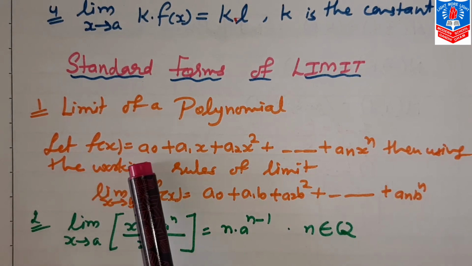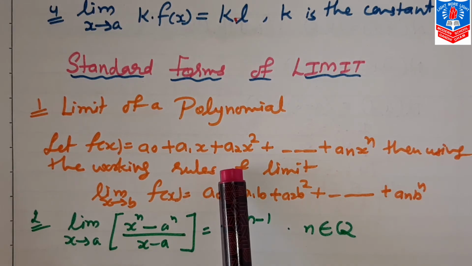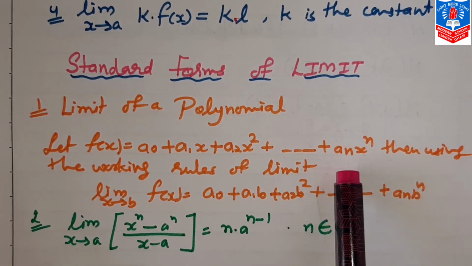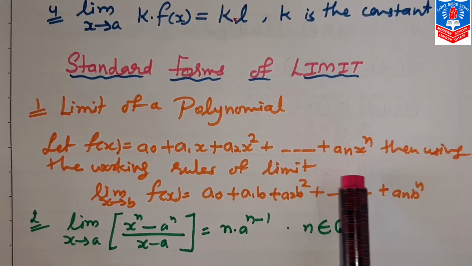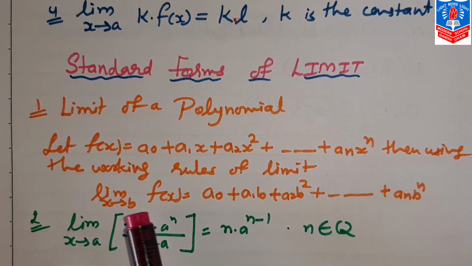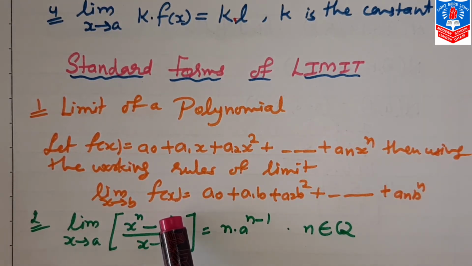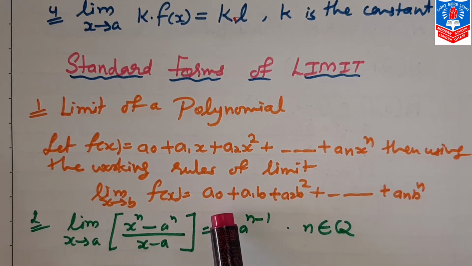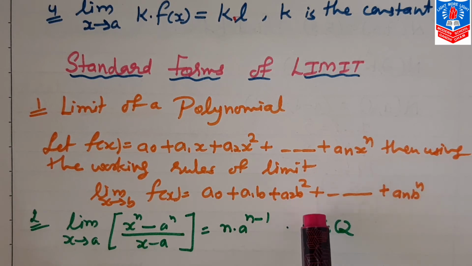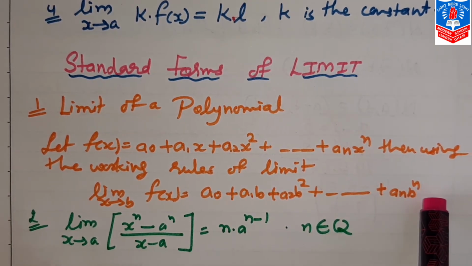Let f(x) be equal to a0 plus a1x plus a2x square and so on up to an x raised to n. Then using the working rules, limit x tends to b of f(x) is equal to a0 plus a1b plus a2b square up to an b raised to n.